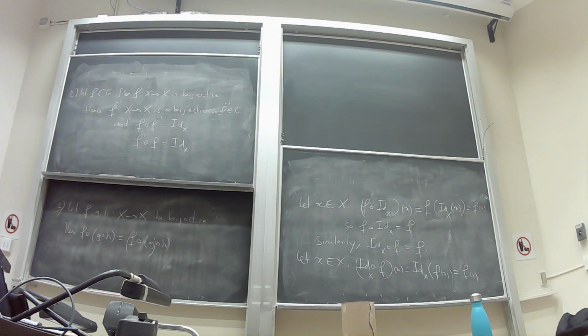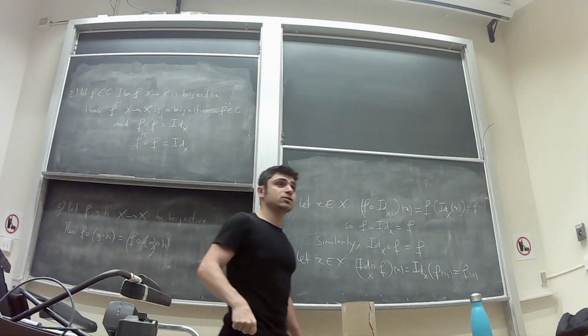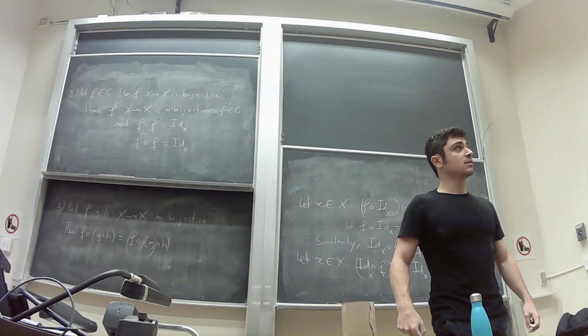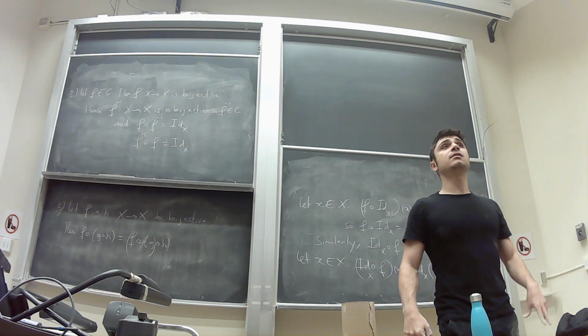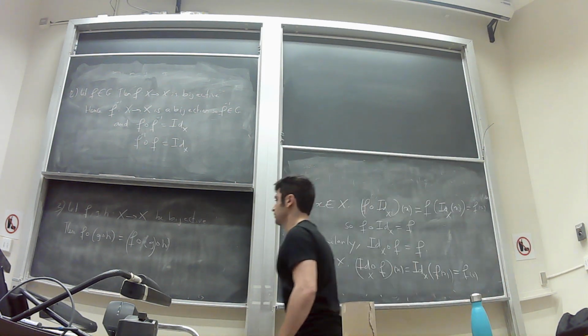We know that the composition of functions is associative. So, if I have a set X, then the set of bijective functions on X, under the law of composition, is a group. Okay?